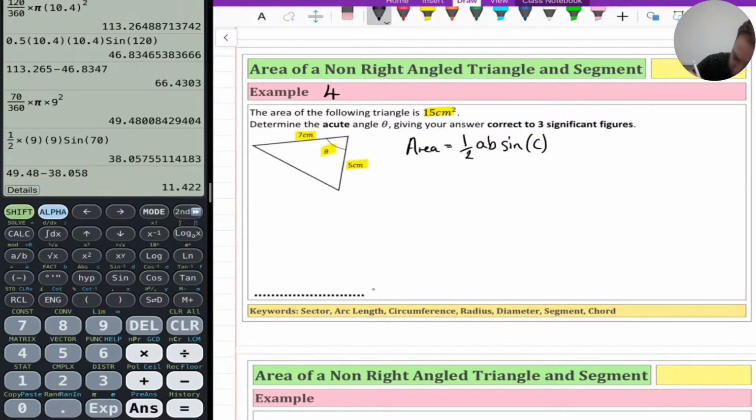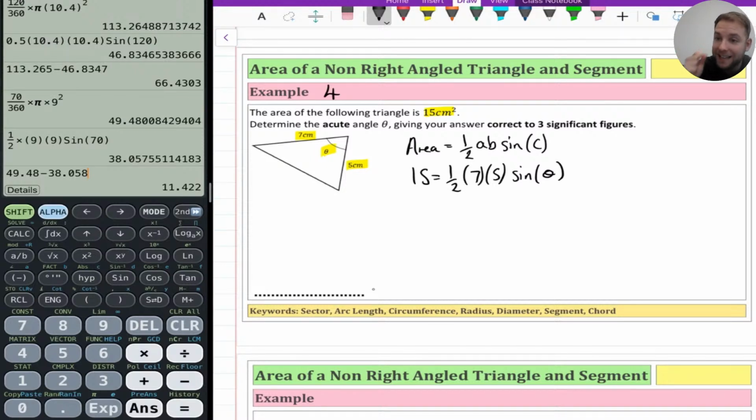So I know that the area is 15, I know the sides are 7 and 5, so let's substitute in everything I know. So it's going to be 15 is equal to 1/2 times 7 times 5 sine of C, which in this case is theta. So I've written down my formula, I've substituted in, now I need to simplify.